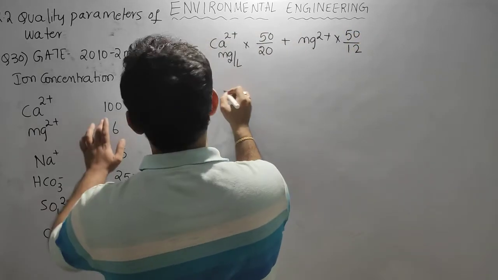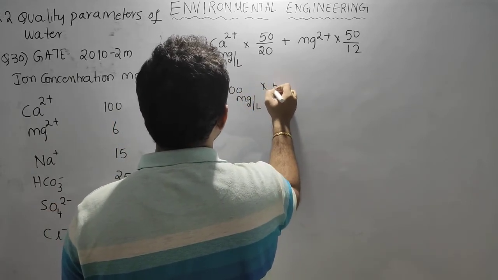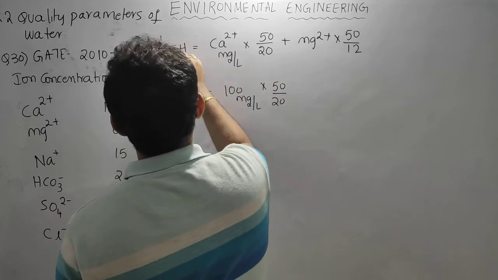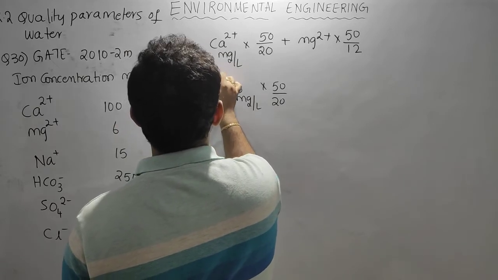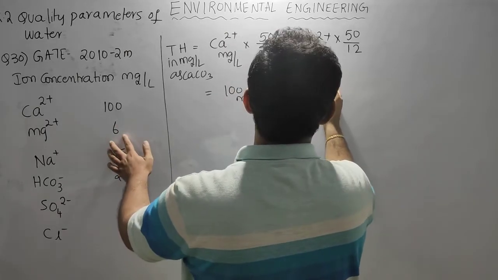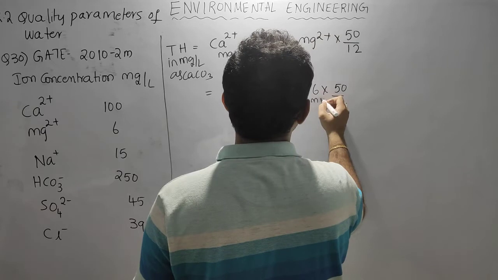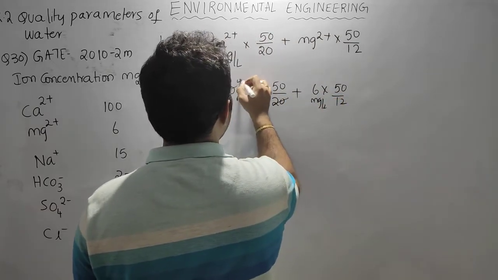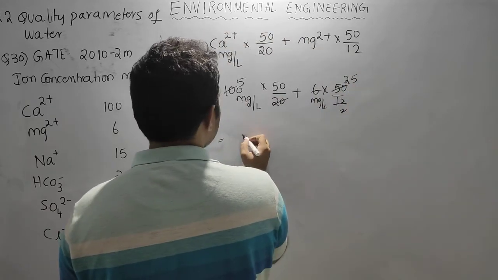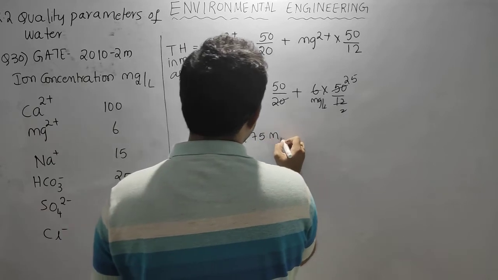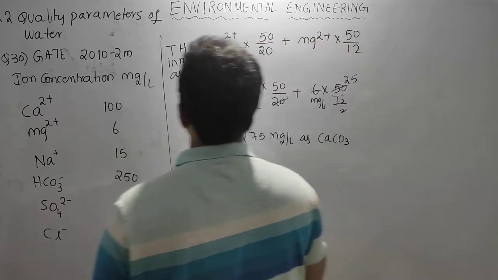So Ca2+ concentration is 100 mg per liter into 50 by 20, plus Mg2+ is 6 into 50 by 12, which is equal to 250 plus 25, that is 275 mg per liter as CaCO3. This is total hardness.